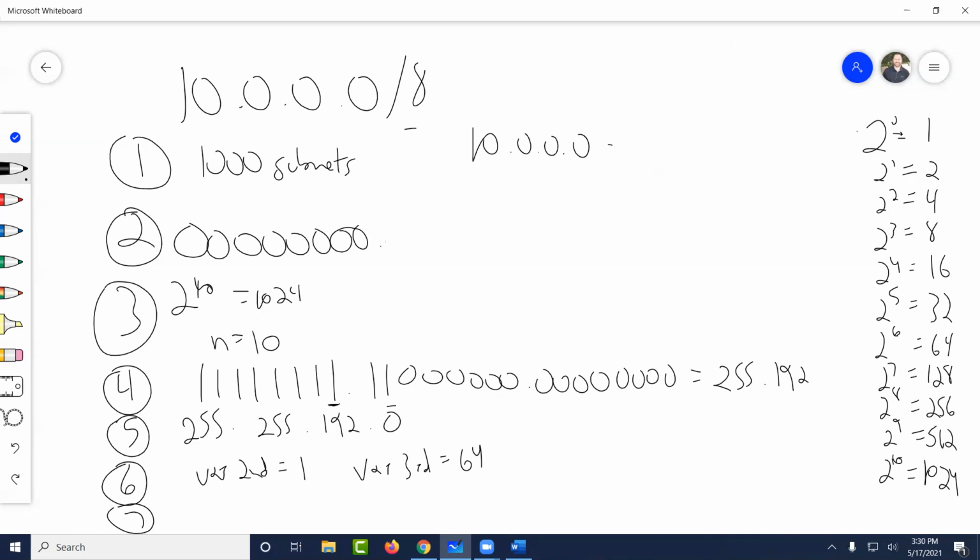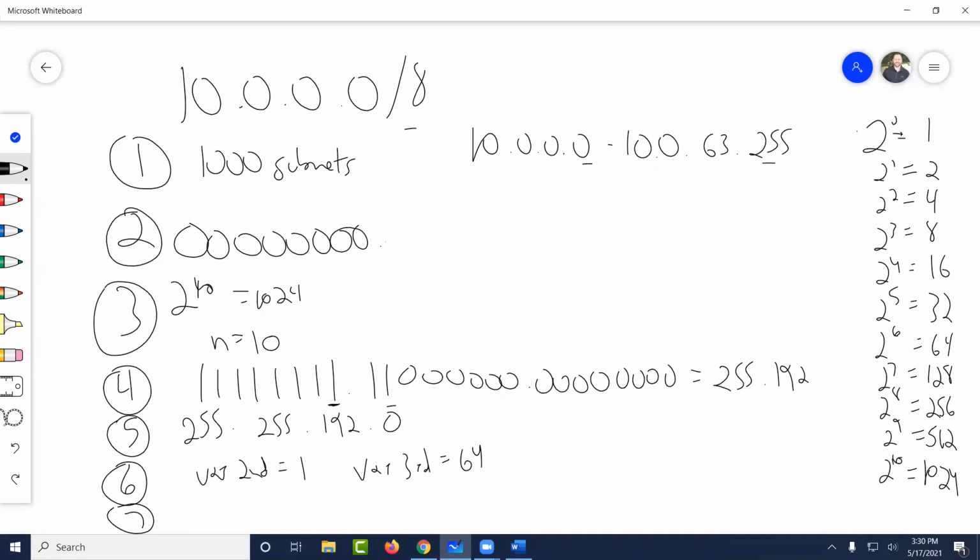We then need to roll the third octet by all possible combinations of the variable. In the third octet, our variable is 64. So we go 10.0.63.255. You'll notice we don't do anything to the fourth octet. We use its entire value of 0 to 255.